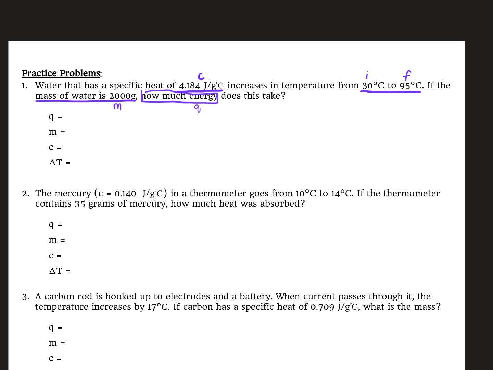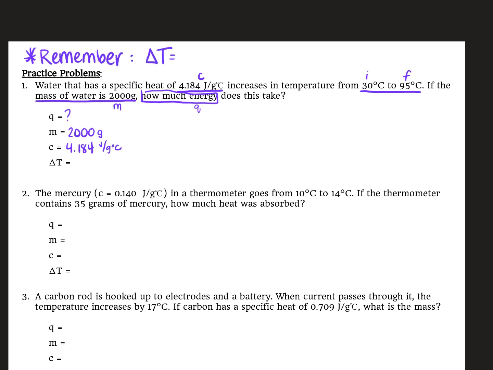So Q equals, we don't know, M is 2,000 grams. C is 4.184 joules per gram degrees C. And delta T, I put this on the top of my paper.